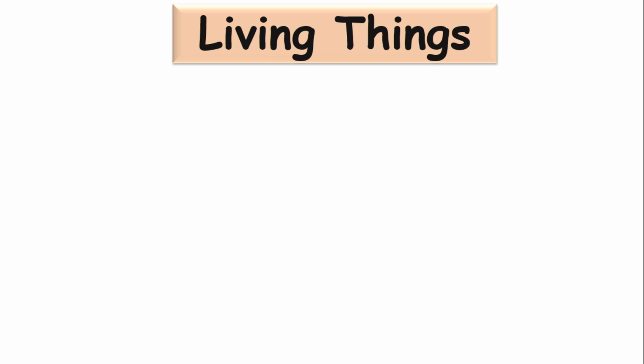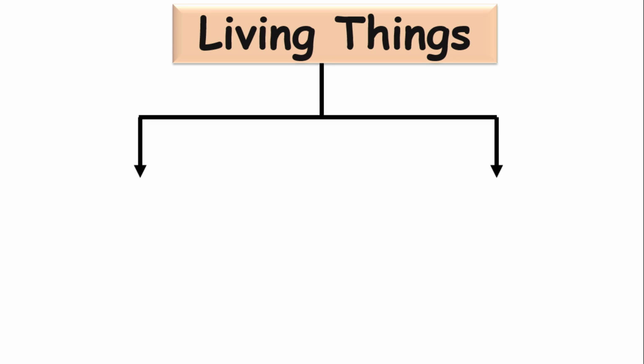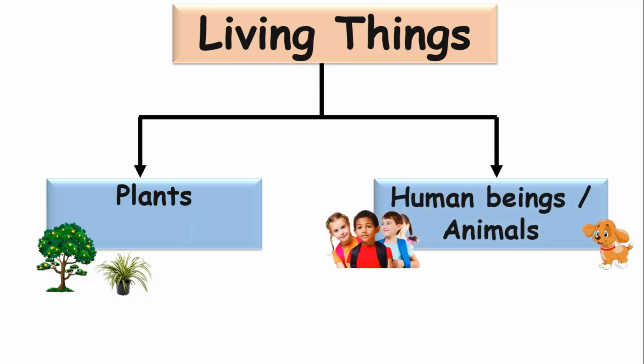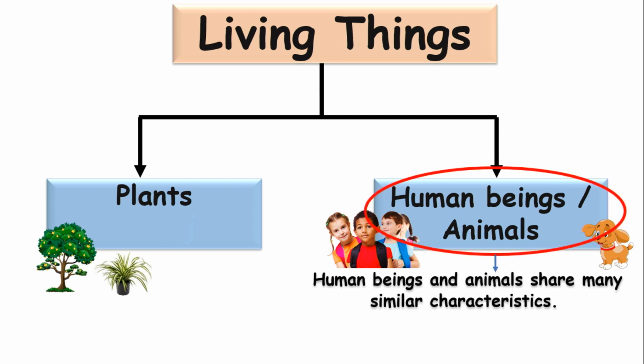In science, living things can be classified into two main categories. The first category is plants, and the second category is human beings and animals. Do you know why human beings and animals are put in the same category?